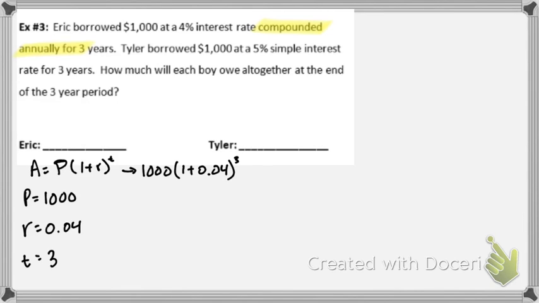So let's see what that is. The total amount is $1,124.86. So that's how much he owes.